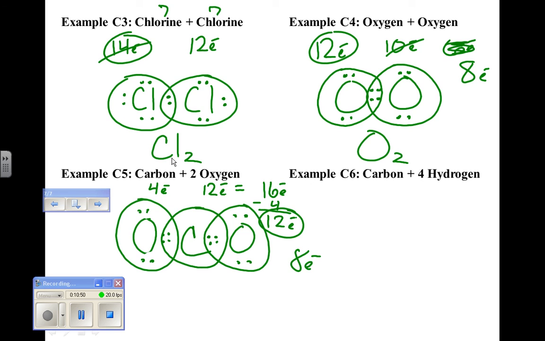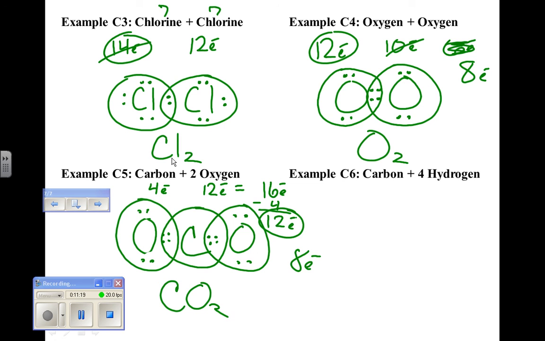CO2, this is carbon dioxide. So carbon is sharing all of its electrons, and oxygen is only sharing how many? So oxygen is sharing 4, and carbon is actually sharing all of its electrons, and it's finished.